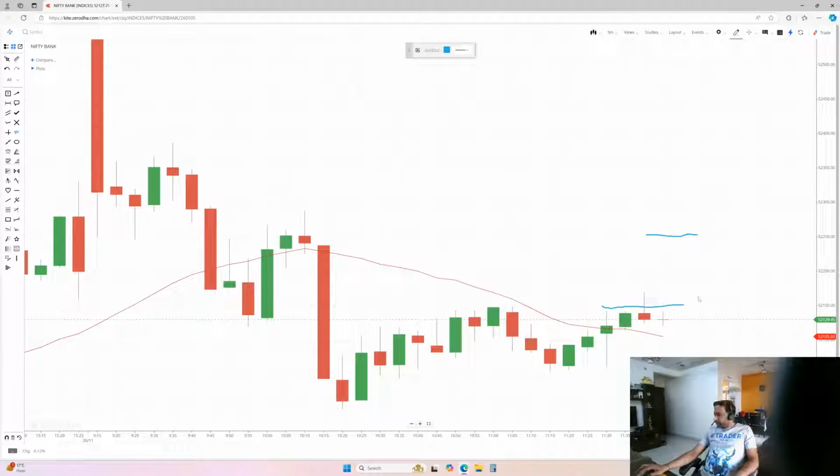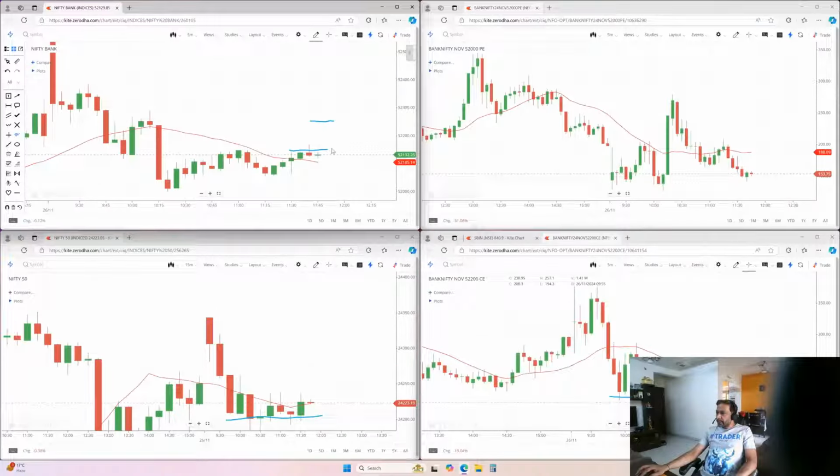So if it happens in this candle, it will be helpful. Otherwise, it can go sideways again in this zone. So we are not expecting this kind of sideways movement.